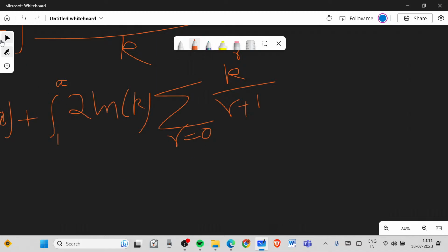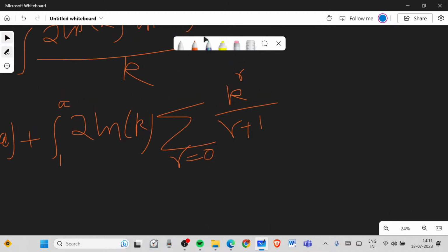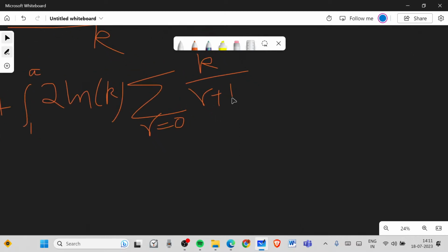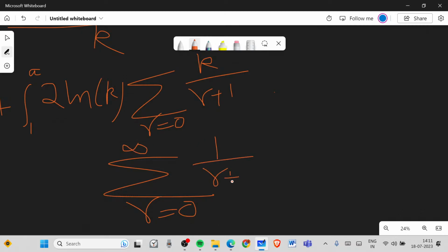So now what we are doing, we are pulling the sigma outside and even putting r plus 1 outside the integral. Let's do it. Sigma r is 0 to infinity, 1 by r plus 1, the 2 also, integral 1 to a, ln k to the power r.